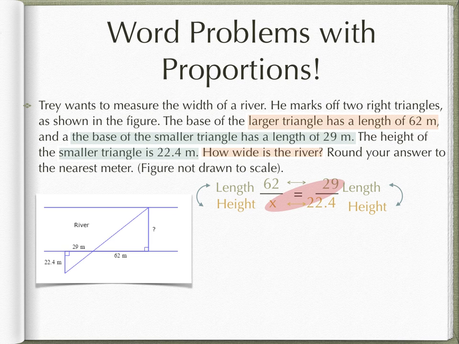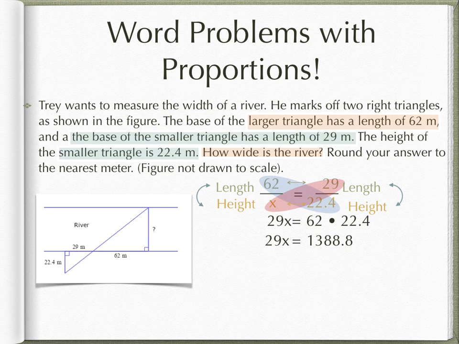So now I'm going to cross multiply. I get 29 times x and then 62 times 22 and 4/10. Once again, I set those two equal. Then I multiply out the right-hand side using a calculator, and we get 29x is equal to 1,388 and 8/10.